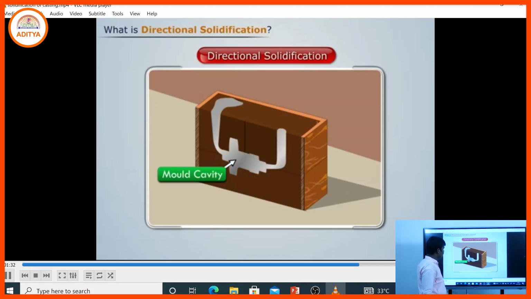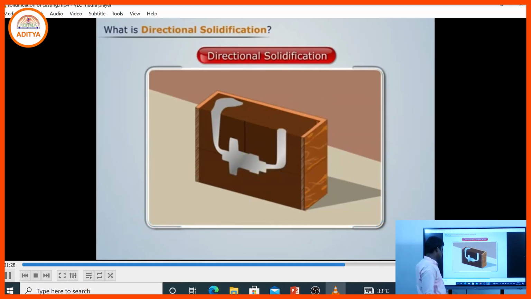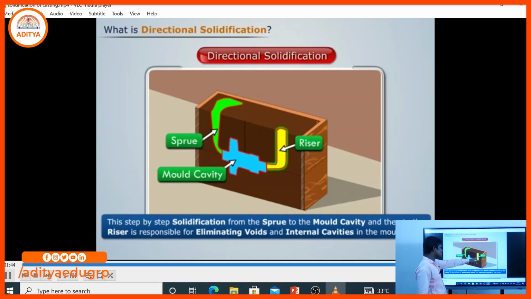That is the mold cavity, that is the riser, and that is the pouring basin. Step by step, the metal goes from the sprue to the mold cavity, and some molten metal is also kept in the riser, eliminating voids and internal cavities in that particular mold cavity.